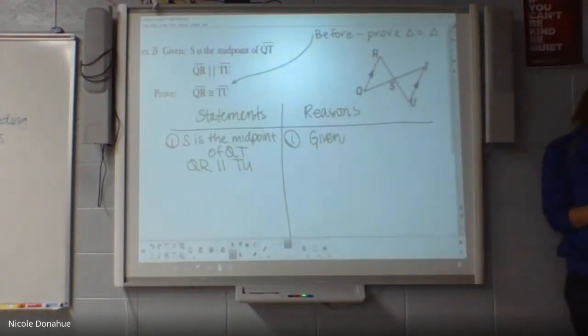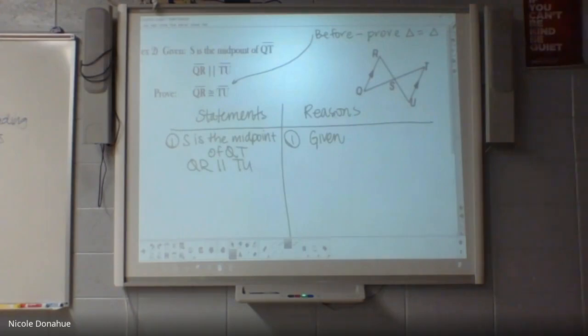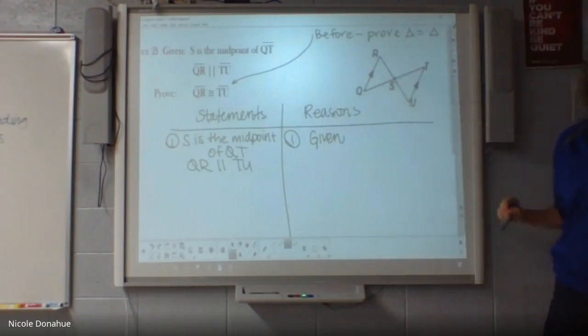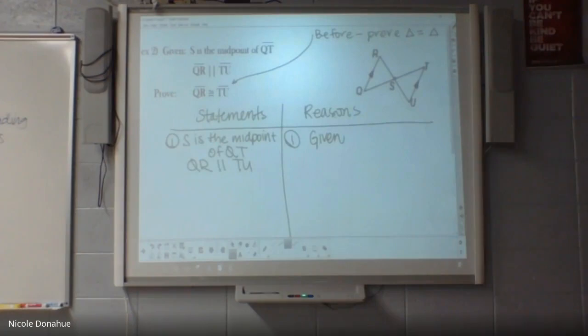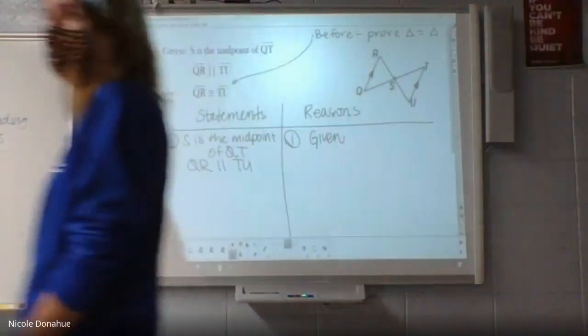So it tells us S is the midpoint of QT. So what do we know? What are we able to say if S is the midpoint of QT? What do you guys know?